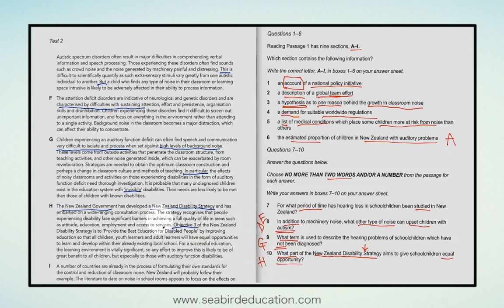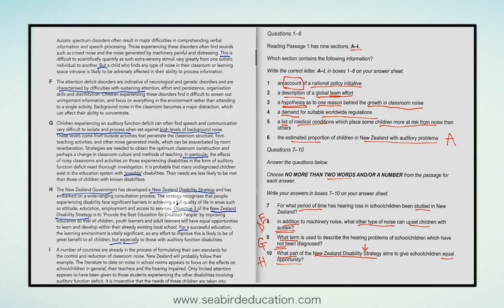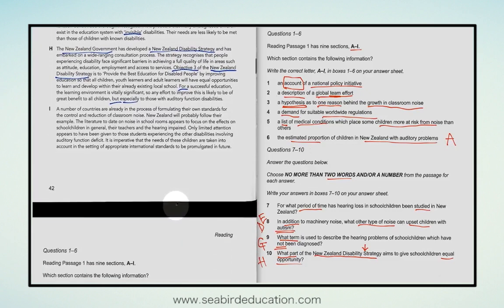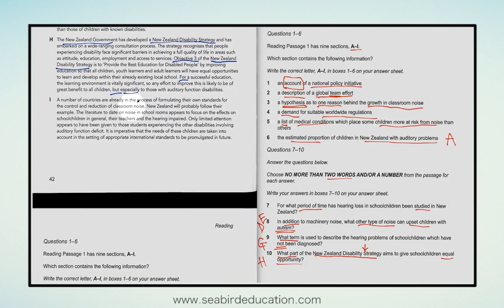What term? So it's an interesting name here. That's a hint phrase. Especially. Okay. Let's go down a little bit more. Not in the process of formulating their own standards for control of reduction.